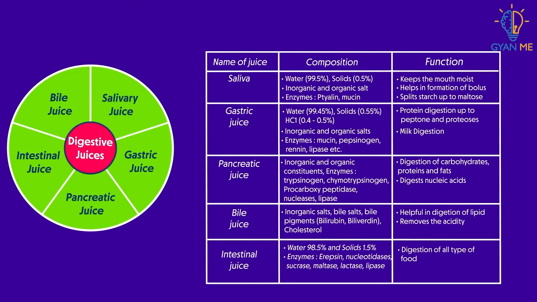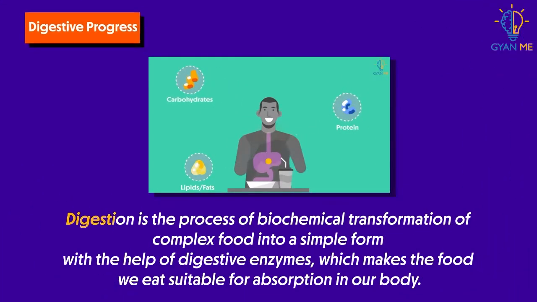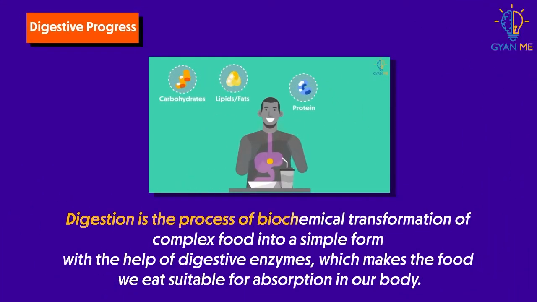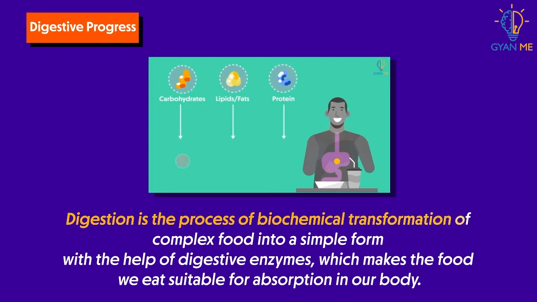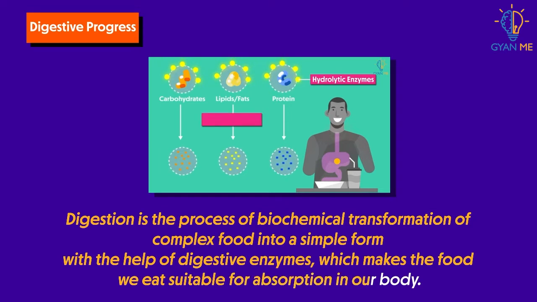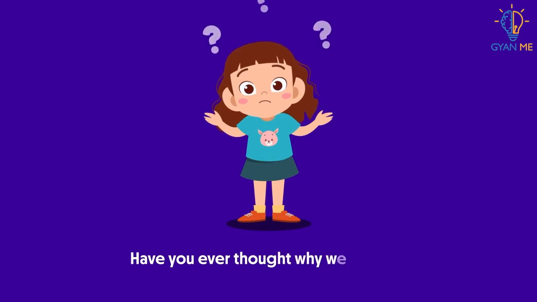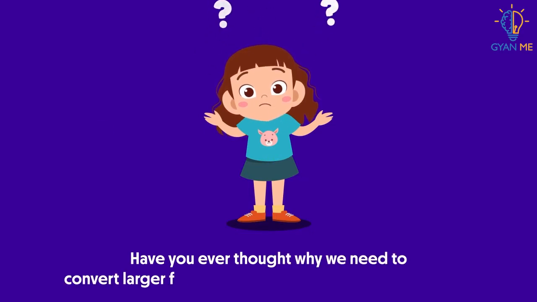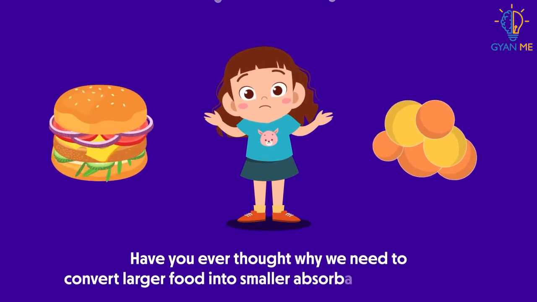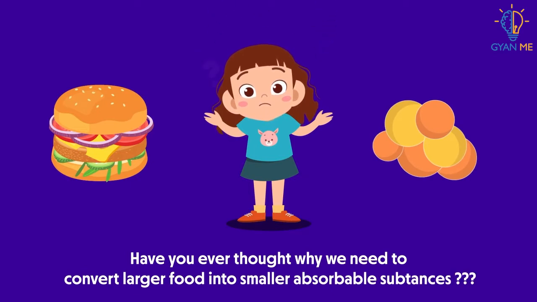So students, after knowing about digestive juices, we can say that digestion is the process of biochemical transformation of complex food into simple form with the help of digestive enzymes, which makes the food we eat suitable for absorption in our body. But students, have you ever thought why we need to convert large food into smaller absorbable substances?